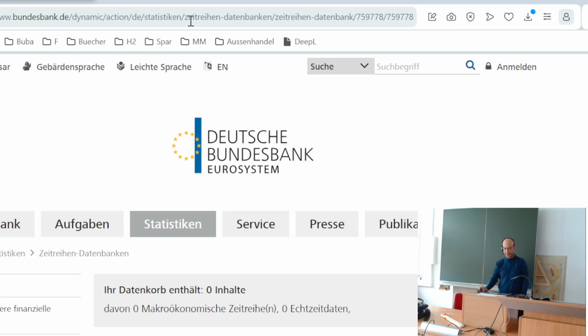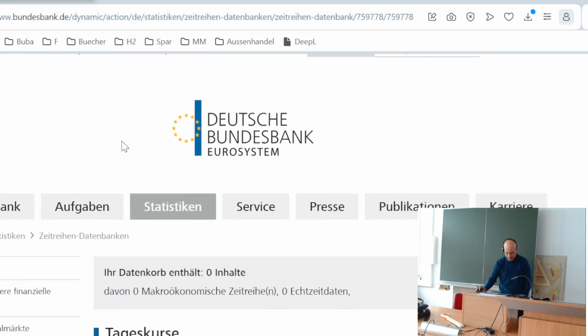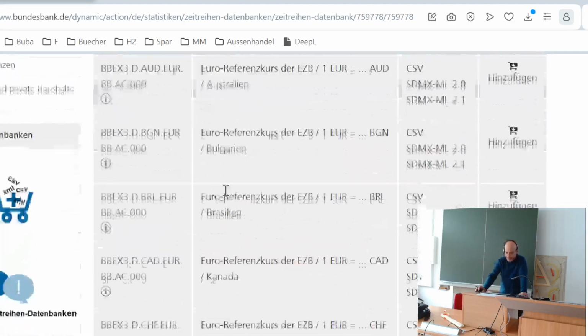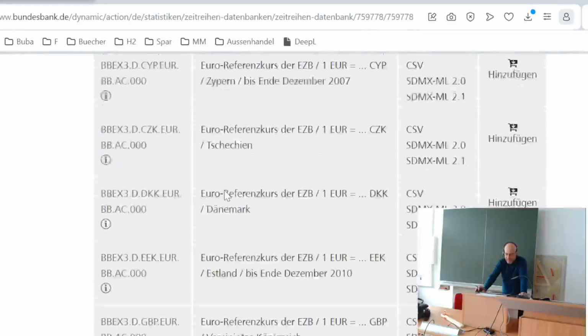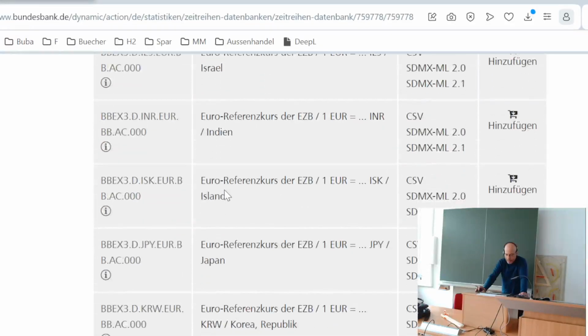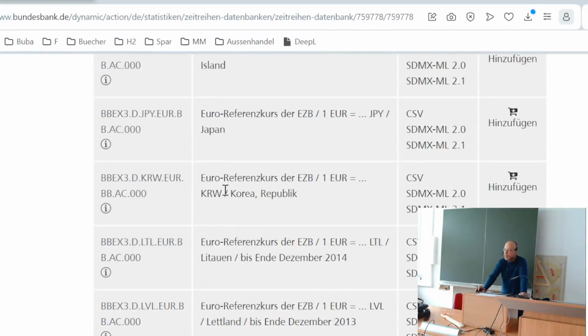Well, there's at least some problem for Germany because we don't have our own currency anymore. So we have to have a look at the euro, and mainly, of course, the exchange rate relative to the US dollar will be interesting for you as a starting point.